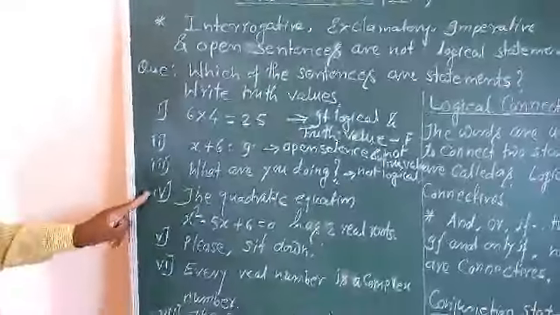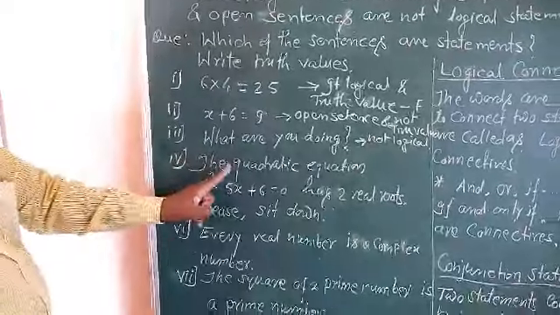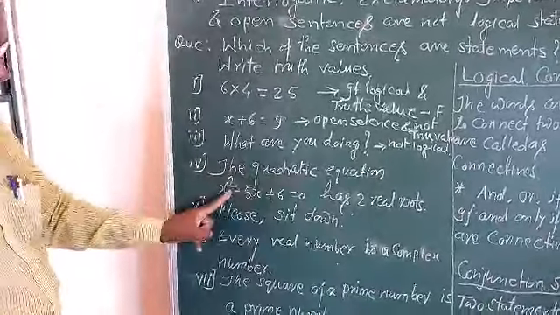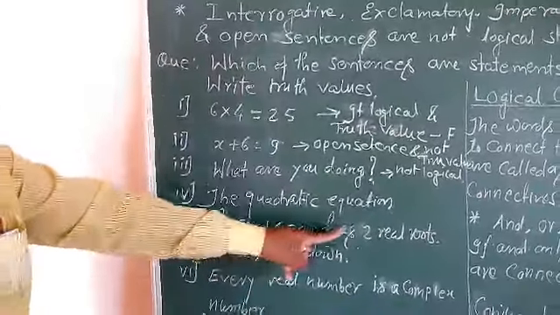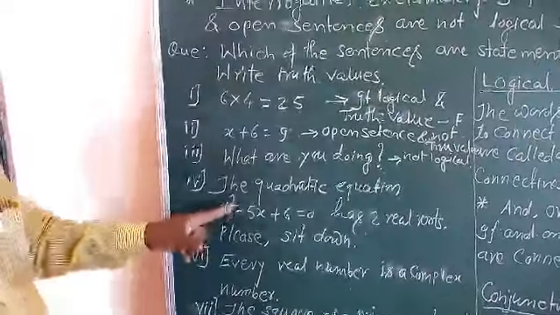Then we come to the fourth example. The quadratic equation x square minus 5x plus 6 is equal to 0 has two real roots.